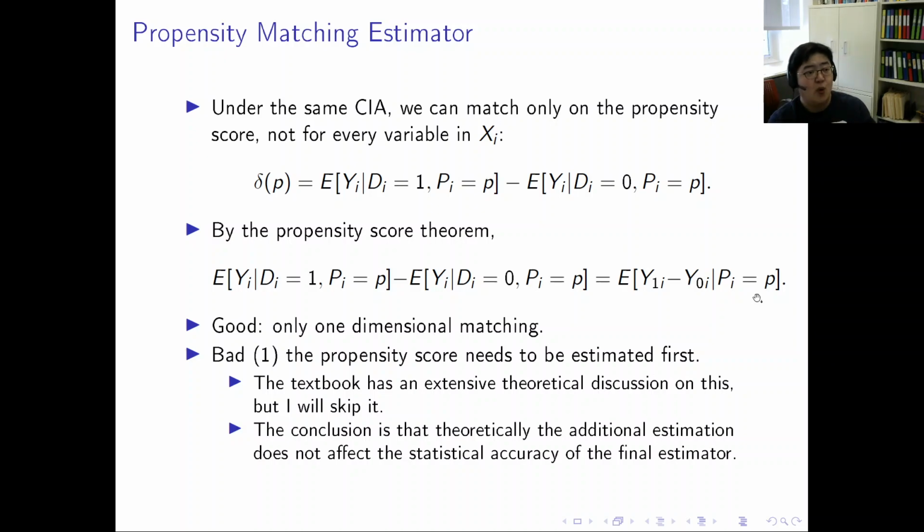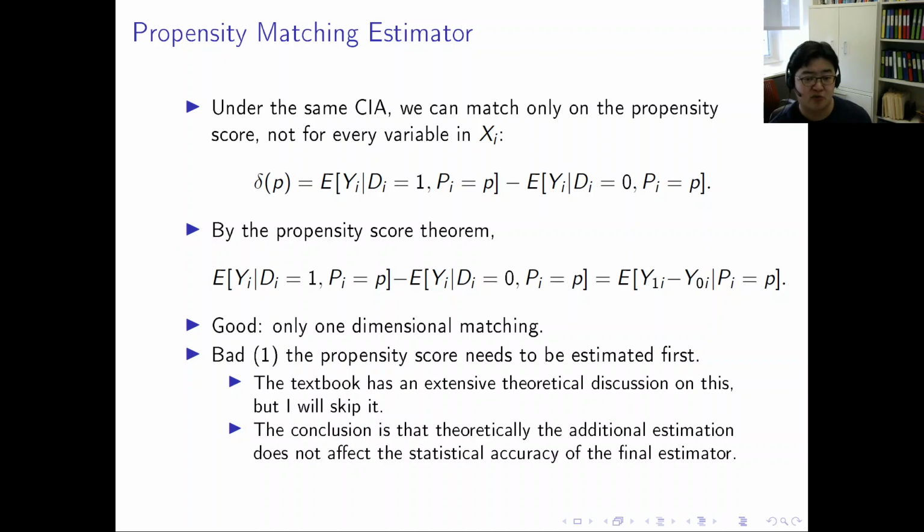Okay, so there are some comments on this estimator. First, the biggest advantage of this estimator is that you only need one dimension. One-dimensional matching is a big advantage because computationally it's tractable.